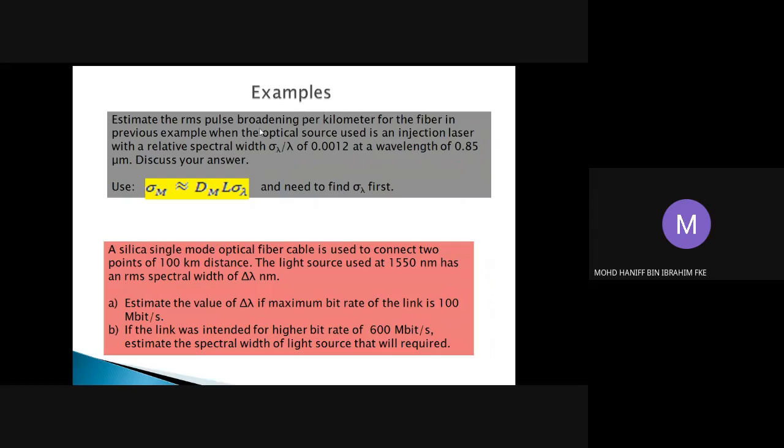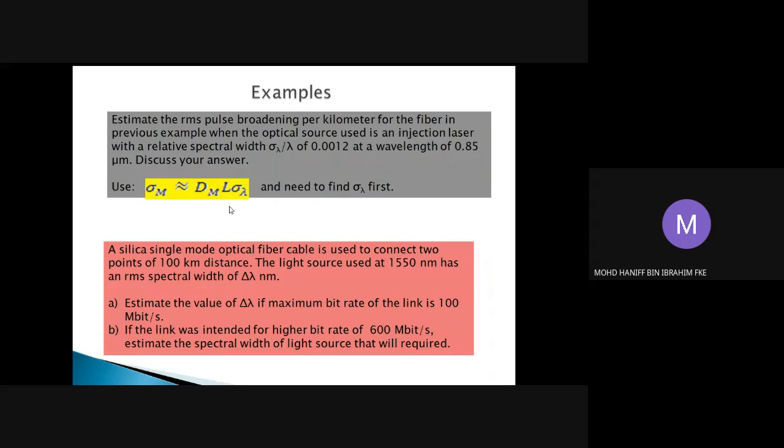So we use the DM, which is 98.1, and substitute in this equation. The sigma lambda can be obtained straight away because from this equation, sigma lambda over lambda is 0.0012. So to find the sigma lambda, we simply multiply 0.0012 with this 0.85 micrometer. By substituting in this equation here, straight away we can find the sigma m.